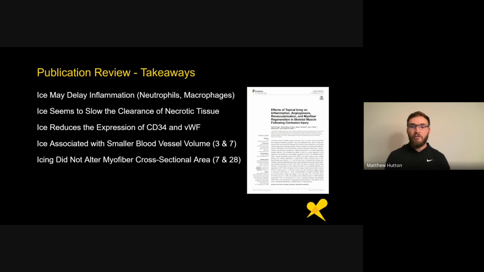So I would argue that if we decrease the zone of secondary injury, then we can actually speed up healing, because we're not necessarily speeding up the rate of healing, but we're decreasing the size of healing that has to take place. The second thing that we know for sure that ice does is it slows neural conduction.